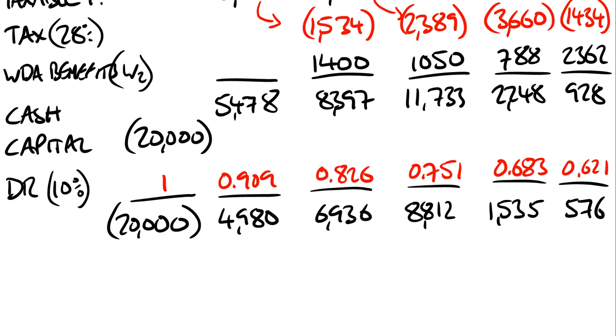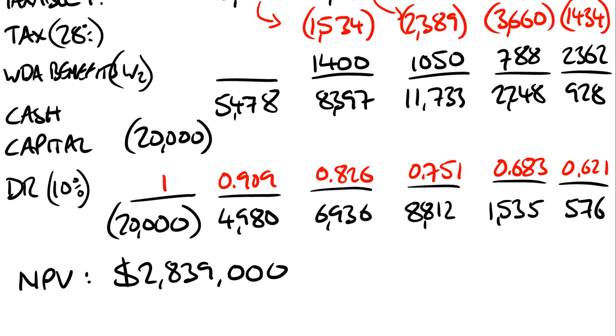Okay, so when we add those across, we get our final NPV, and the final NPV is 2839. And remember, we've dropped the thousands so far, but that would be 2.839 million.